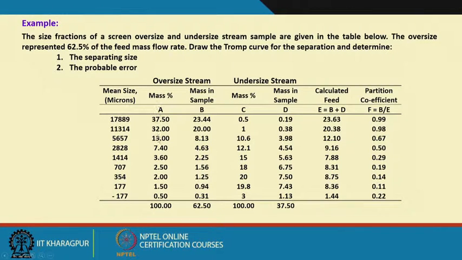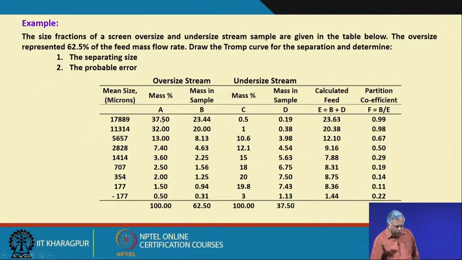So, this is the percentage of each fraction. Now, what fraction of the feed has come to the oversize? Say suppose I have a feed of 100 tons, out of that 62.5 tons I have collected into the oversize material, and the average size analysis of that 62.5 tons is this.